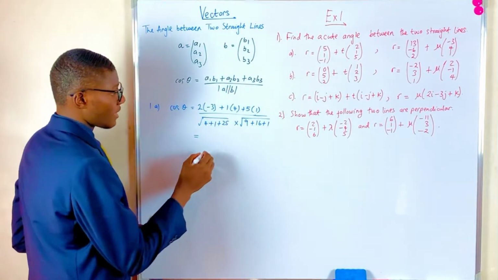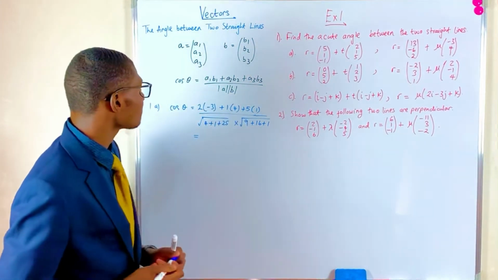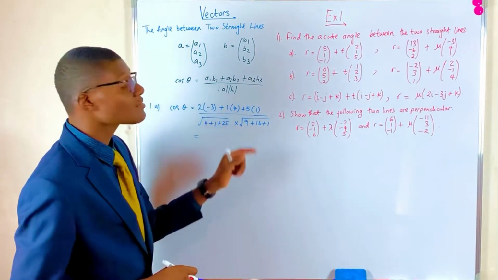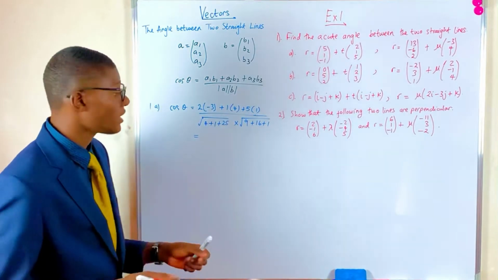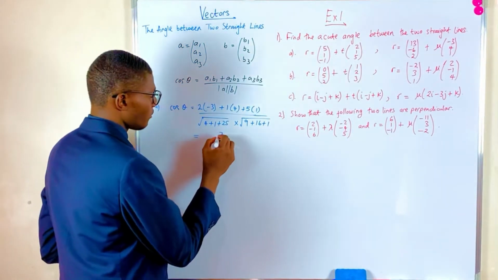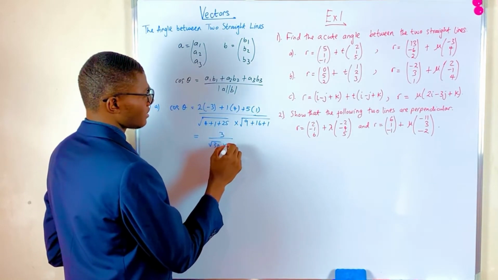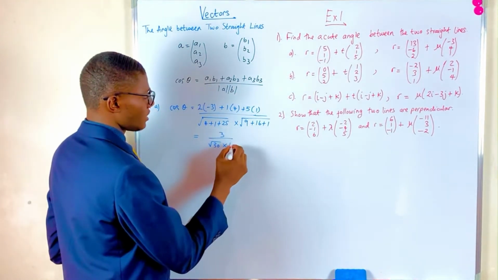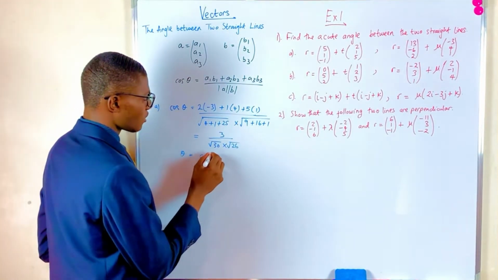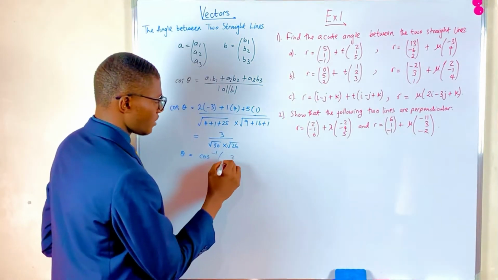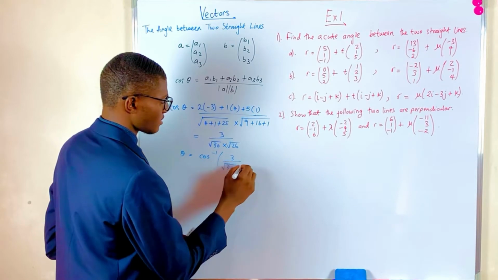So here we end up with minus 6 plus 4 plus 5. Minus 6 plus 4 is minus 2, and minus 2 plus 5, we get 3. 3 over root of 30 times root of 26, such that theta is equal to arc cos of 3 over root of 30 times 26.